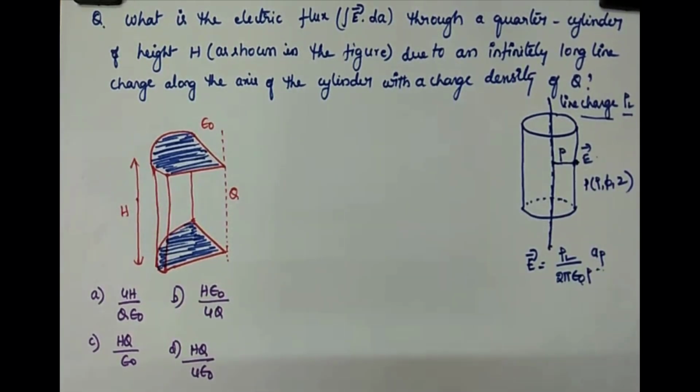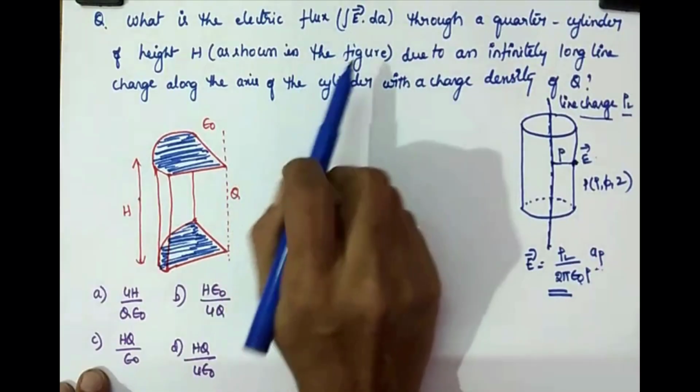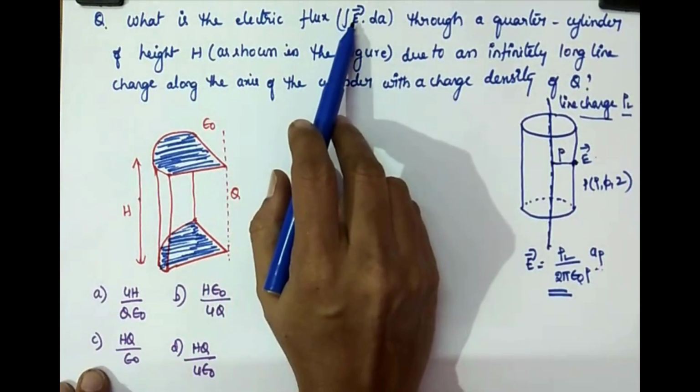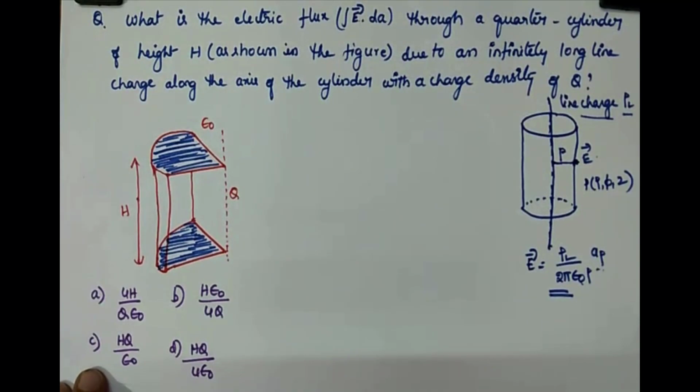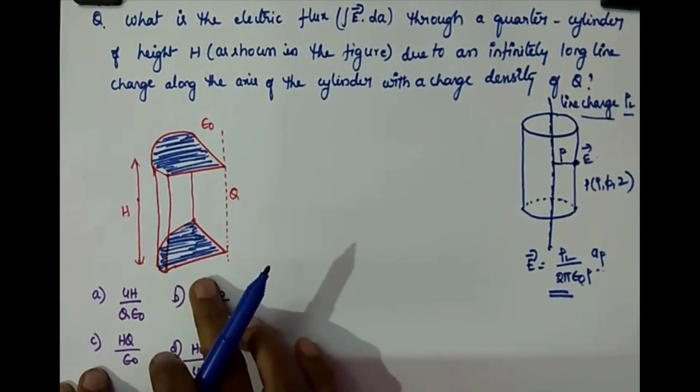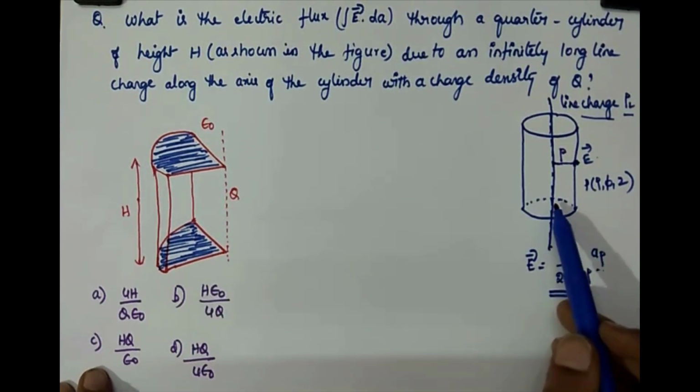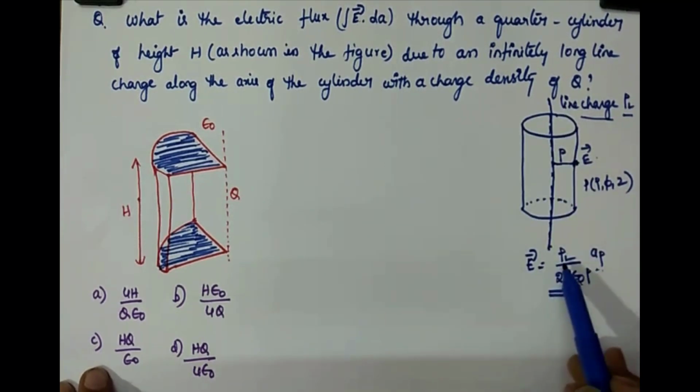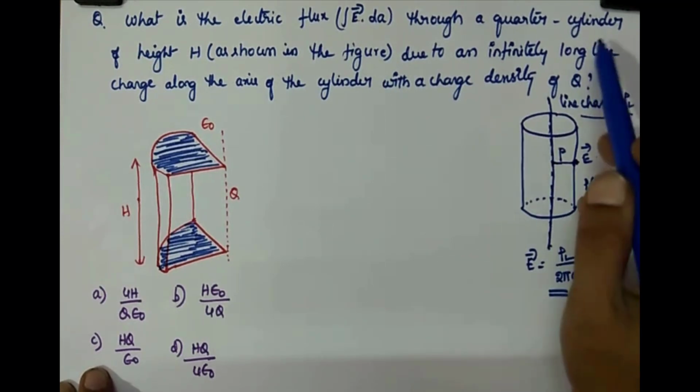Now using this concept, you can find the electric flux integral E bar dot dA. So what is our problem? The same cylinder is cut at the center first, so it becomes a half cylinder. Again in that half cylinder, a quarter is removed.